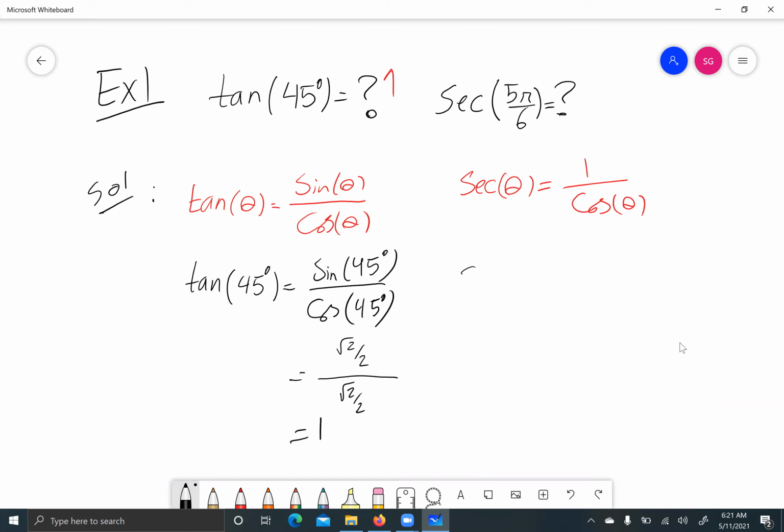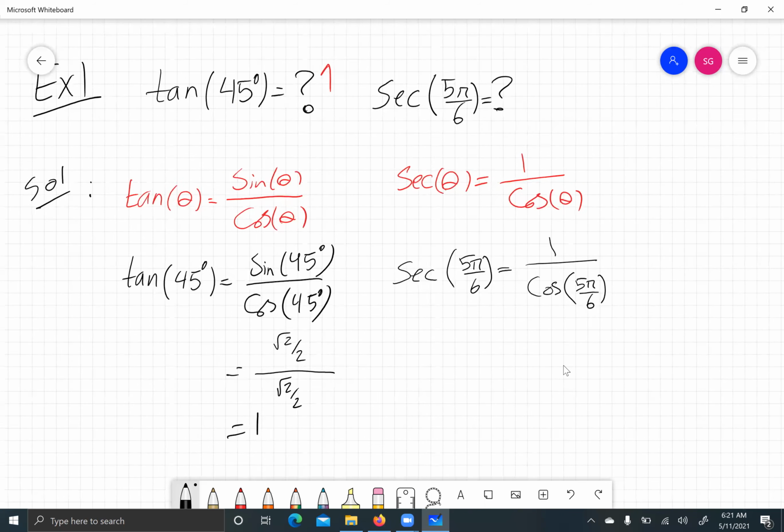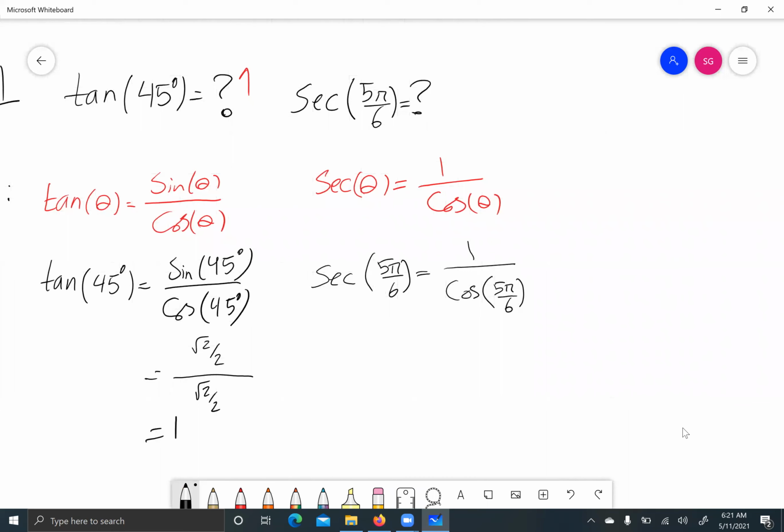If you want to find secant of 5 pi over 6, because we know cosine of pi over 6, it would be easier to do the calculation. So it's enough to evaluate the cosine of pi over 6. You can either use a calculator, or, as I told you, it's a good idea to know the values of sine and cosine for the fundamental angles.